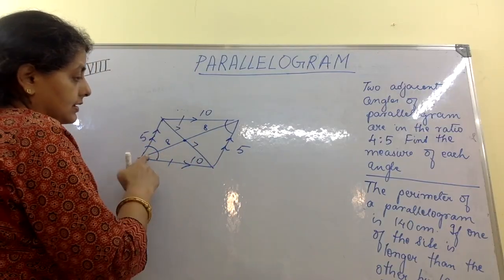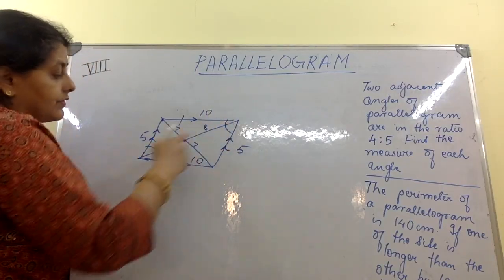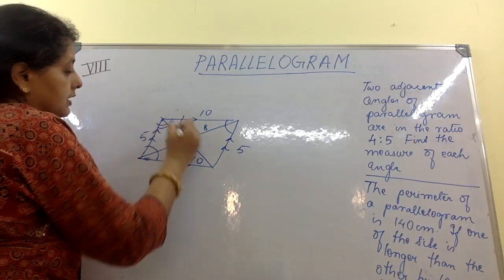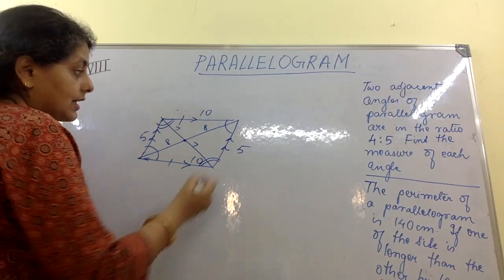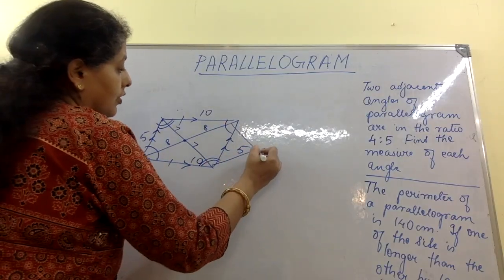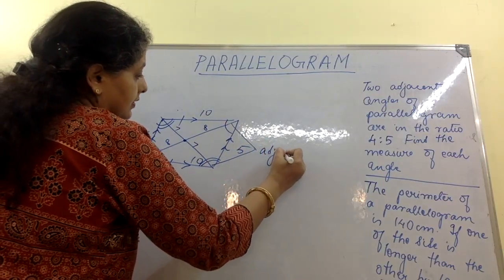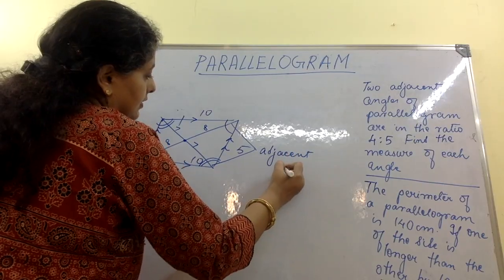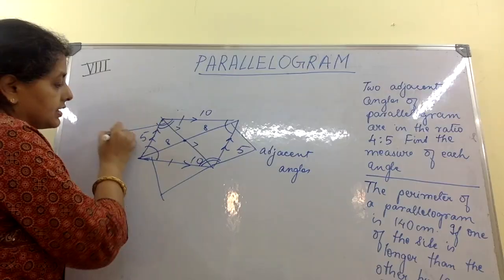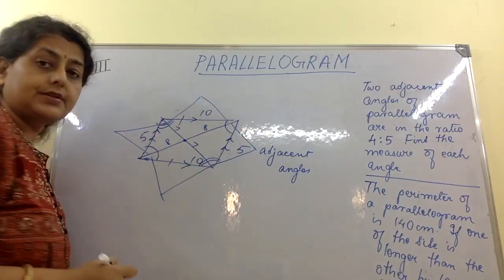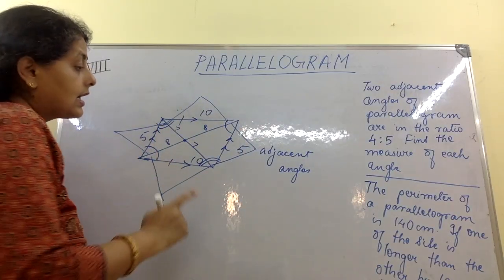These are opposite angles and the value of this will be equal to the value of this. Similarly, these two will be equal. Then what are adjacent angles? These two form adjacent angles. Similarly, these two are also adjacent. That is, side by side angles are adjacent angles.